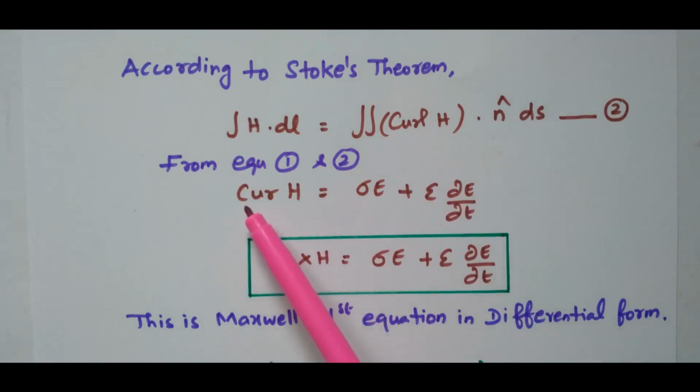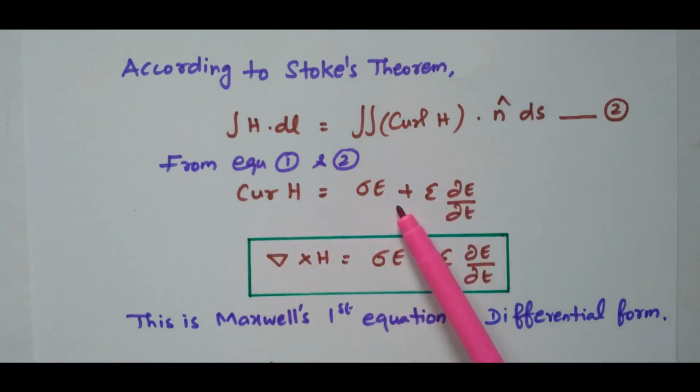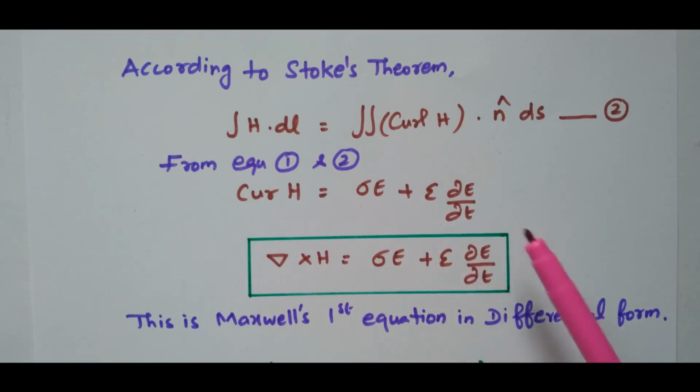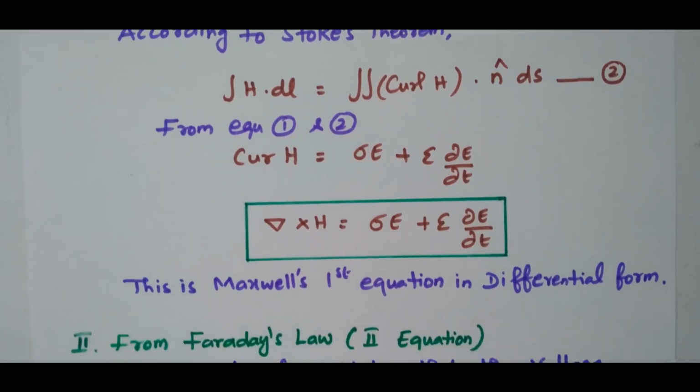So curl H equals sigma E plus epsilon dou E by dou t, as in equation 1. This curl H is written as del cross H, equal to sigma E plus epsilon dE by dt. This equation is Maxwell's first equation in differential form.